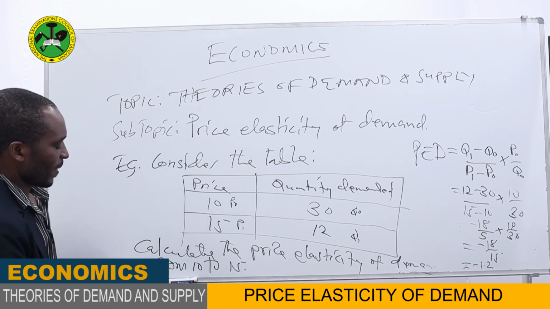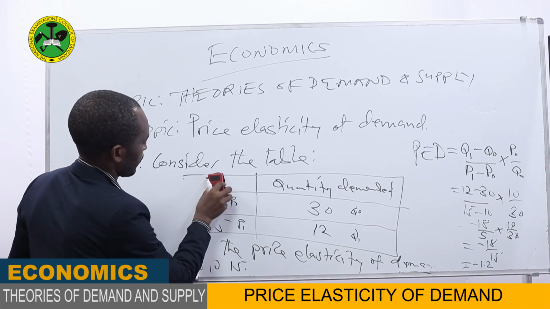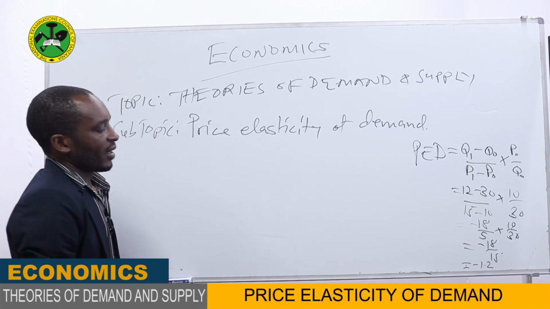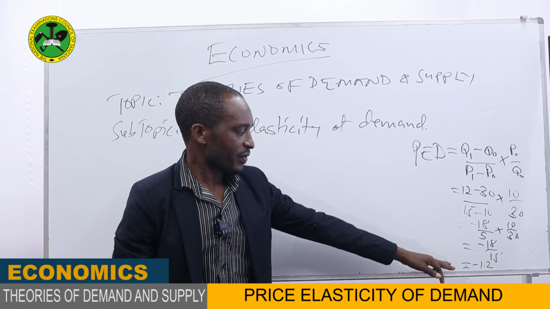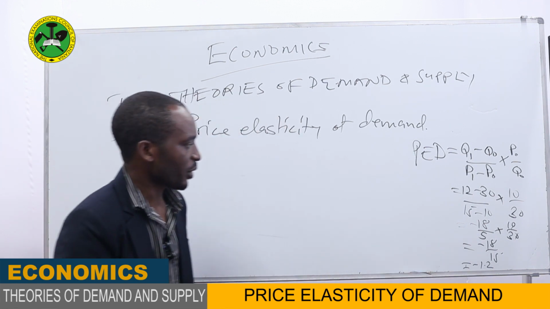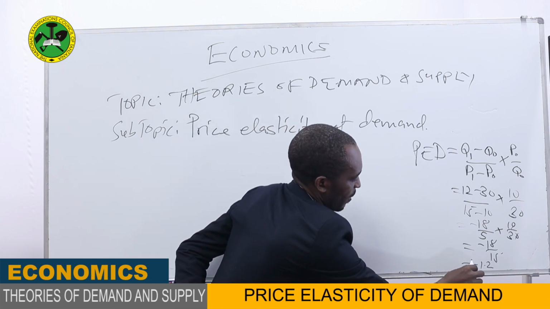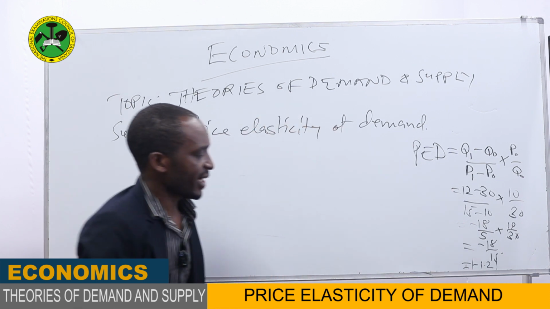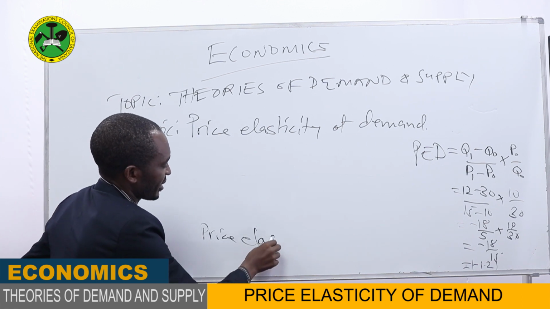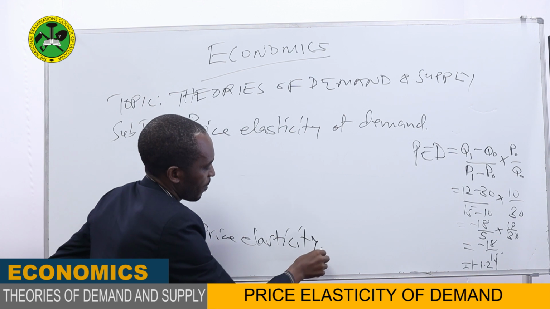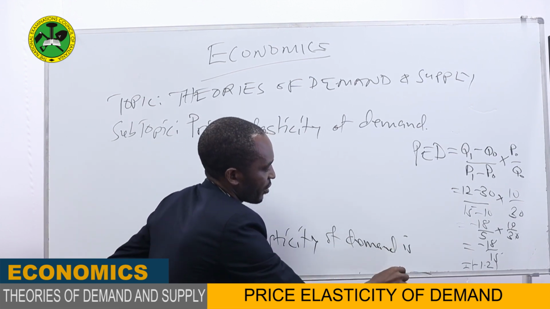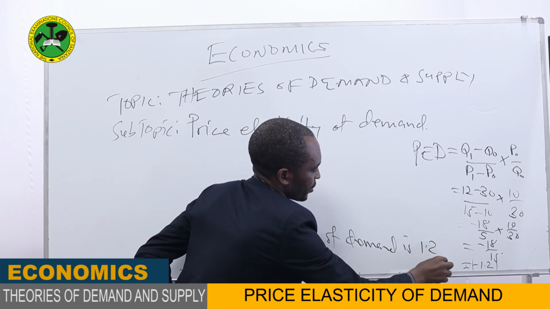So therefore, the price elasticity of demand is negative 1.2. You can take the absolute value to eliminate the negative sign. So the price elasticity of demand is 1.2.